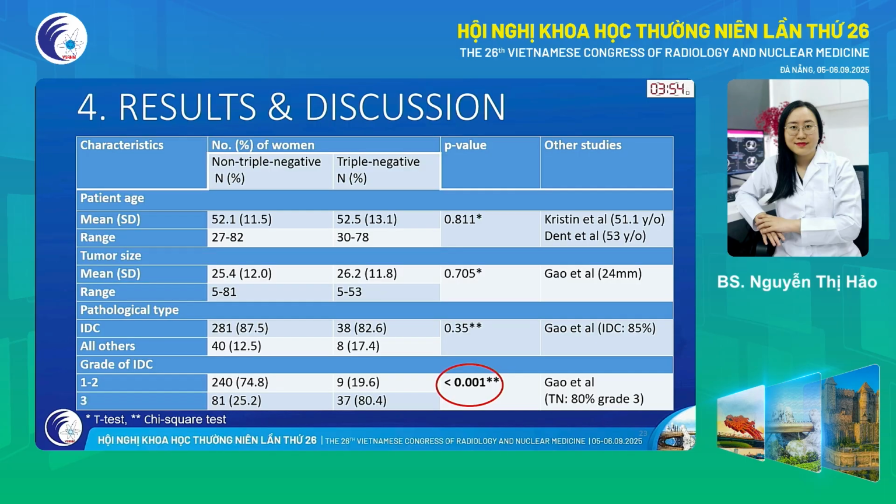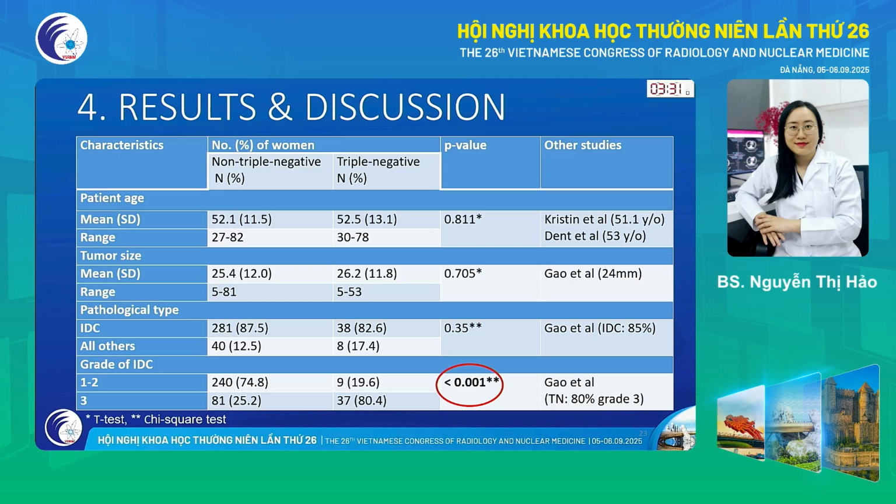About the demographic features, first the patient age was about 52 years old in both groups, similar to other studies. About the tumor size, in triple negative, the tumor size was slightly larger than the non-triple negative breast cancer, which was 26.2 millimeters.